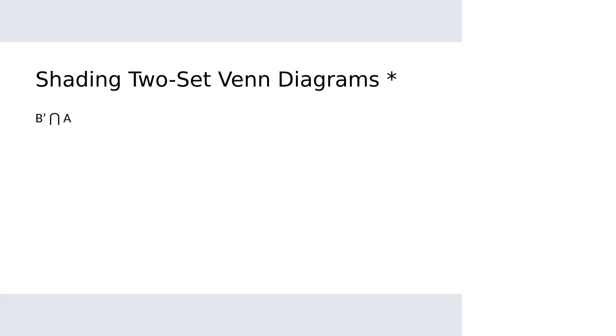A way that I can ask a question like this in our environment is to have you tell me which regions are shaded. So shade B complement intersect A, and then identify the regions that have been shaded.